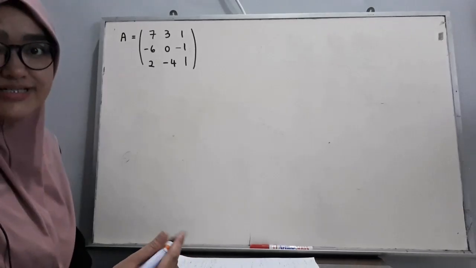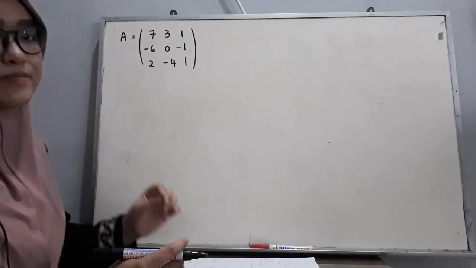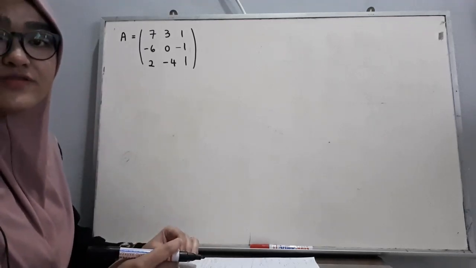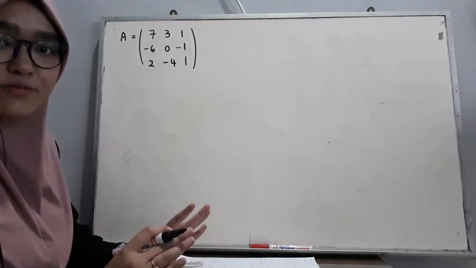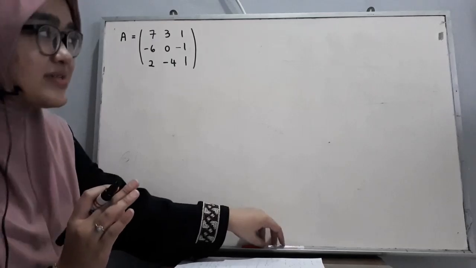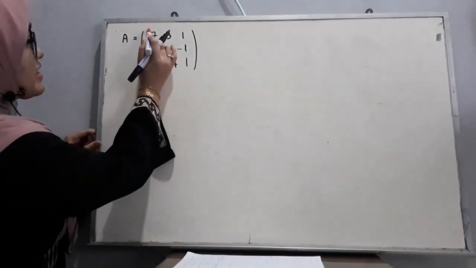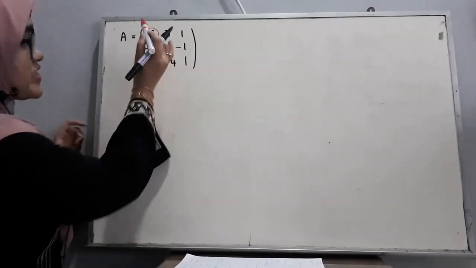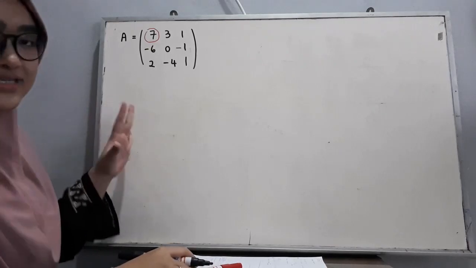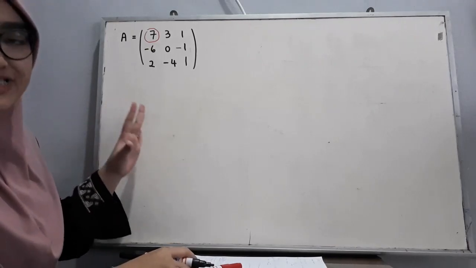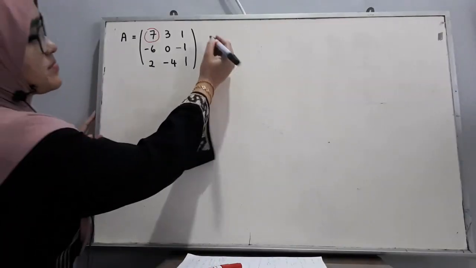For example, now we want to find the determinant of this matrix by using a combination of elementary row operation and elementary column operation. So our first target is to change the first entry, 7, into 1. So what we can do here is exchange column 1 and column 3.